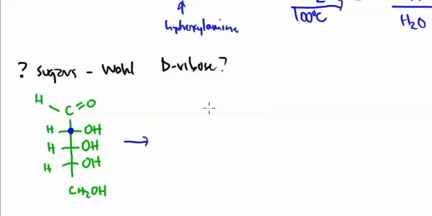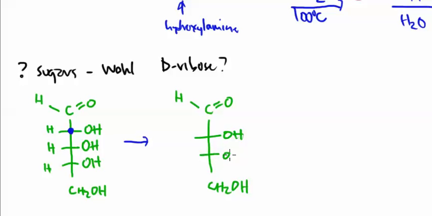So that means that my structure is going to look like a C double bond OH and then CH2OH here. This carbon goes away, and we're left with an OH to the right, and we're left with OH to the right. Okay, so what sugar is that?